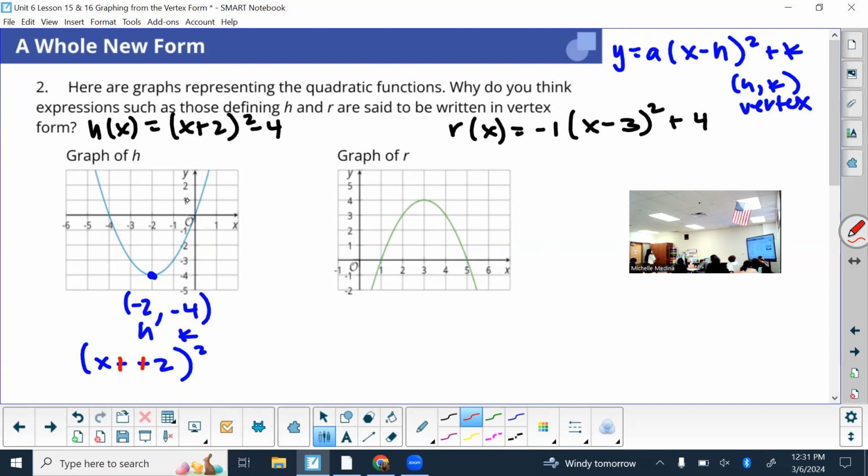The h is always opposite of how it looks in the equation. The k is always the same as how it looks. But it'll tell us our vertex as long as we remember that fact.